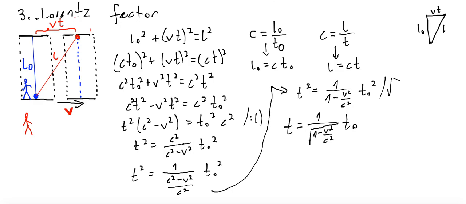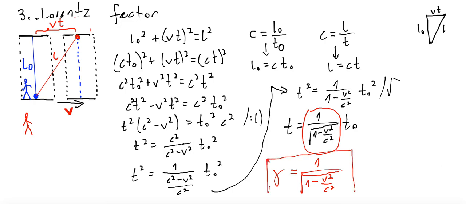And this coefficient of proportionality between these two times is known as the Lorentz factor and is described in physics by the letter gamma. So the Lorentz factor is 1 over the square root of 1 minus v squared over c squared.